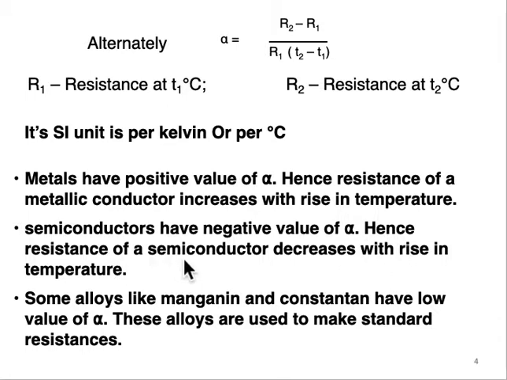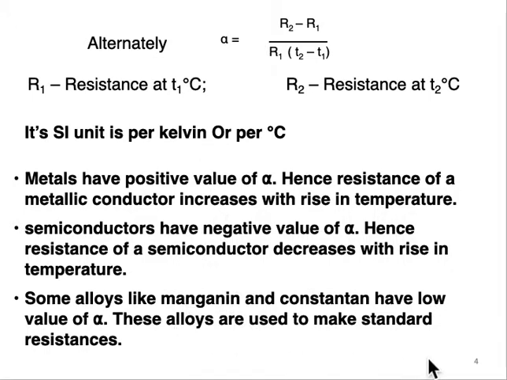Hence, the resistance of a semiconductor decreases with the rise in temperature. Some alloys like manganin, constantan, and one more, Eureka, have low value of alpha. For such materials, the resistance does not change appreciably with temperature.